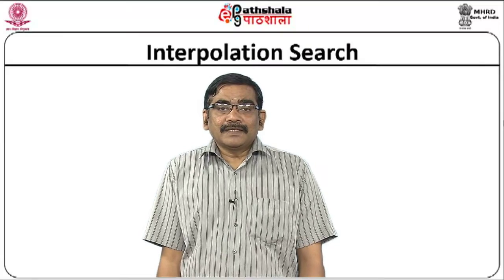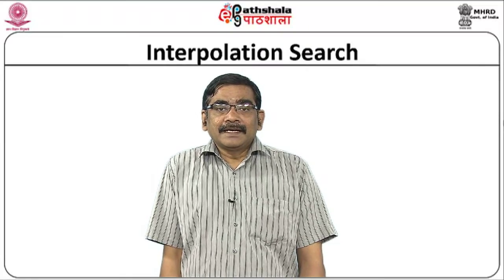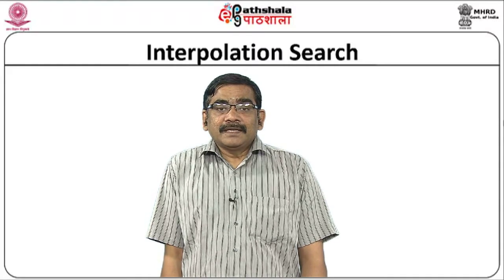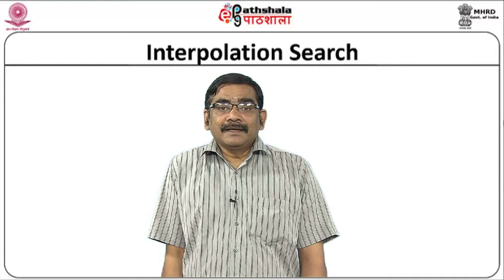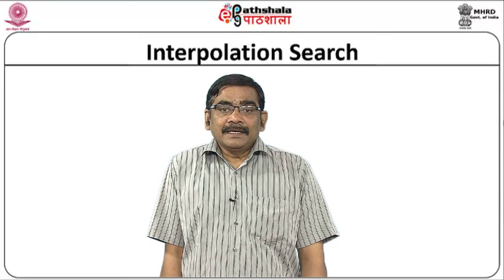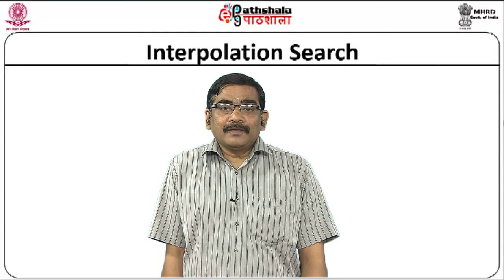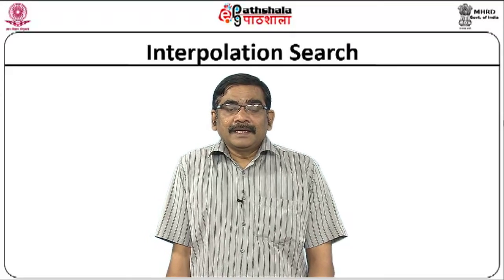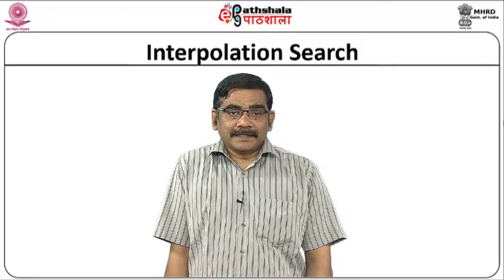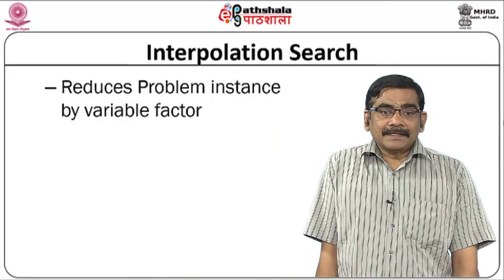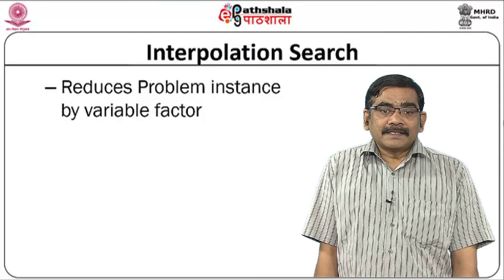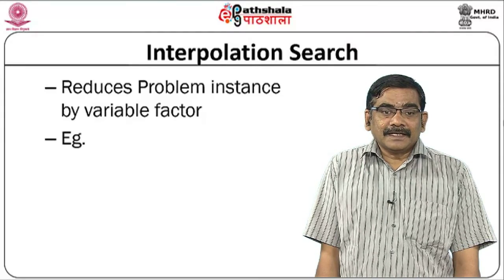This kind of logic is what we call interpolation. So, which list should be discarded is based on the decision of where we are going to put a cut. That cut will vary depending on the situation. The idea is very simple: reduce the problem instance by a variable factor.